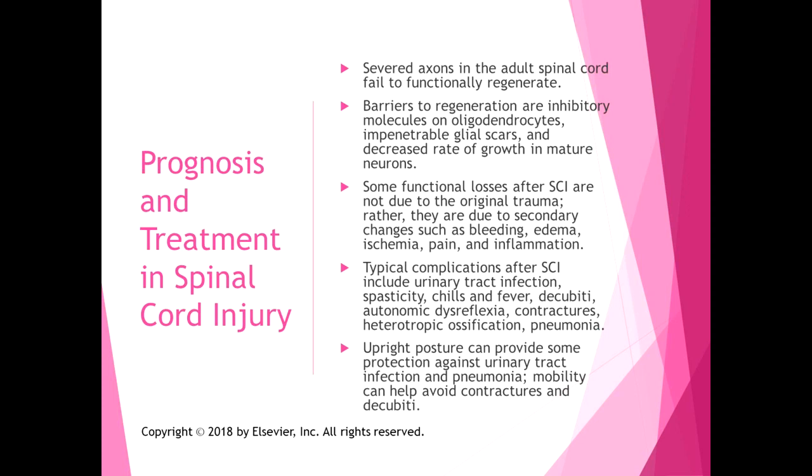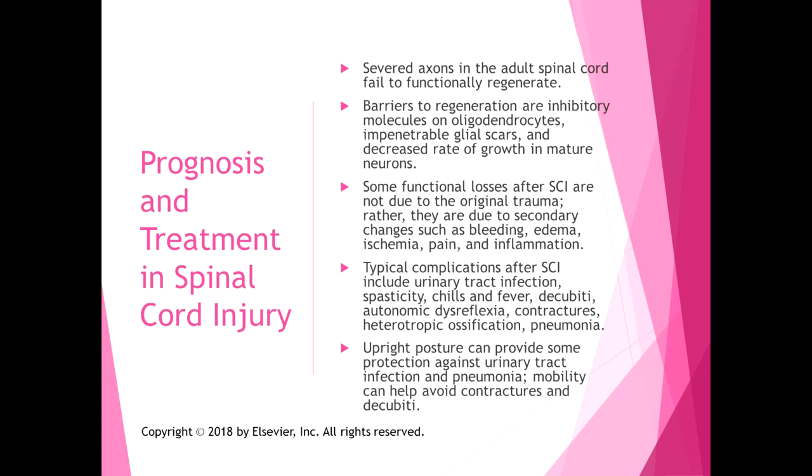A lot of times they're given methylprednisolone, which is a steroid, within 8 hours of the injury, and that's been shown to significantly reduce secondary losses and reduce the severity of lesions when it's done within 8 hours after the injury. So incomplete paraplegia has the highest rate of recovery during the first 3 months.